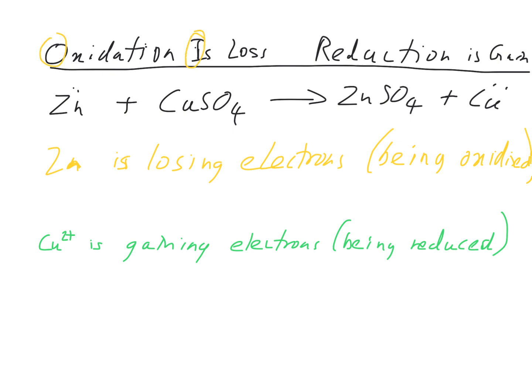Oxidation is loss of electrons, so we call that OIL. And reduction is gain of electrons, which is abbreviated to RIG. So OIL RIG. Oxidation is loss of electrons, reduction is gain. You can use this to remember what's going on.